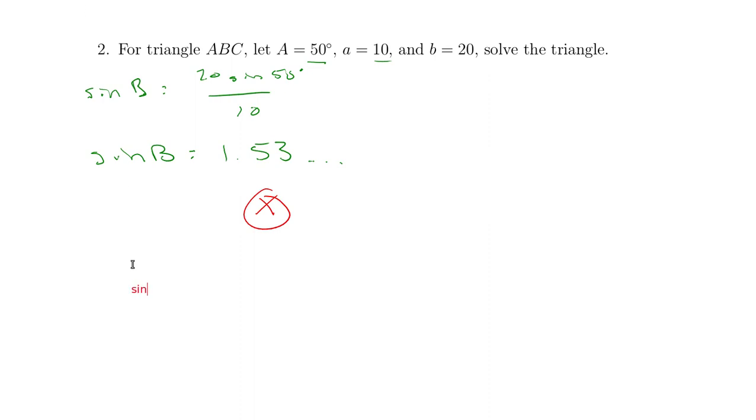Sine B has to equal some value in between -1 and 1. Maybe I'll say since the range of the sine function is -1 to 1. So what does this mean? What this means is that there's no triangle where this is possible.